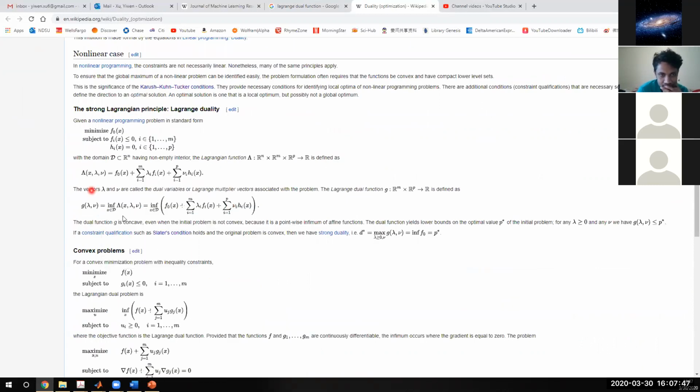Whatever form they like, ignore that. Here, f(x) plus lambda times f_i, and then plus nu times h. But for the lambdas, you do have a requirement that the lambdas are greater than or equal to 0.